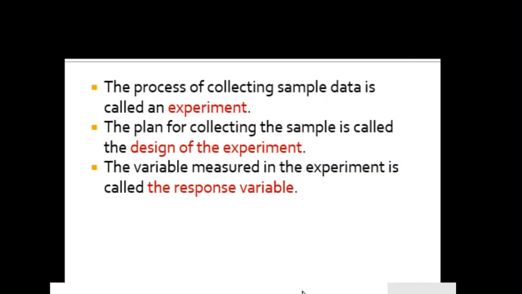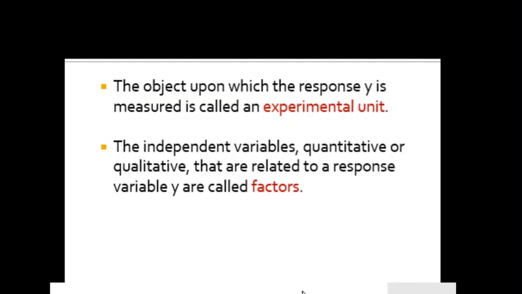Here are some terms associated with the design of experiment. The actual process of collecting sample data is called the experiment. The plan that is used to collect these samples is called the design of experiment. The variable measured in the experiment is called the response variable. This will be the variable y, or the dependent variable. The object upon which the response y is measured is called the experimental unit.